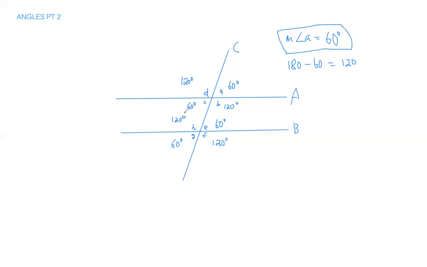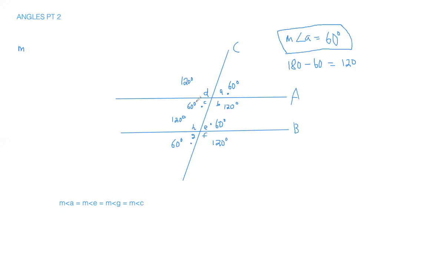So what does this give us? What can we conclude from this? Well, we see that the measure of angle A is equal to the measure of angle E. The measure of angle E is also equal to the measure of angle G. Now, we could continue this, but at the end, we see that measure A is equal to measure E is equal to measure G is equal to measure C. So essentially we have that these angles are congruent.